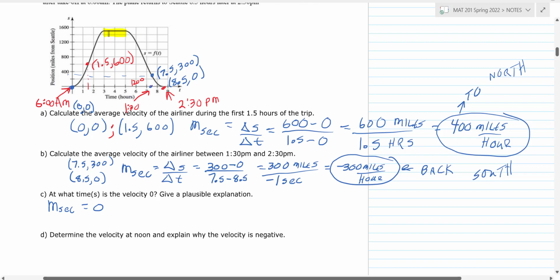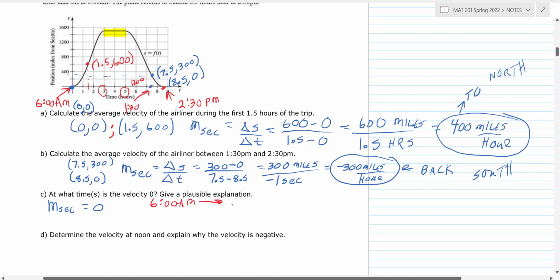From there to there, it looks like your velocity is 0 because the slope of the secant and the slope of the tangent line at every single point in there is equal to 0. So what we would say is that would be after 3 hours and after 5 hours. So we start at 6 a.m.